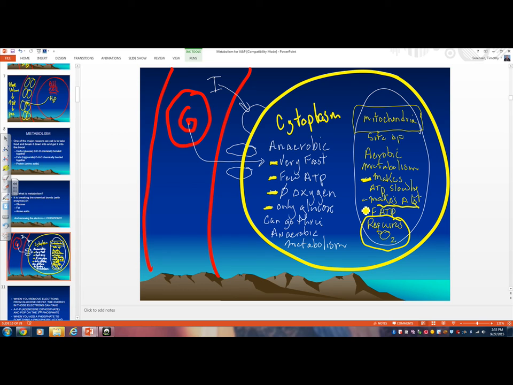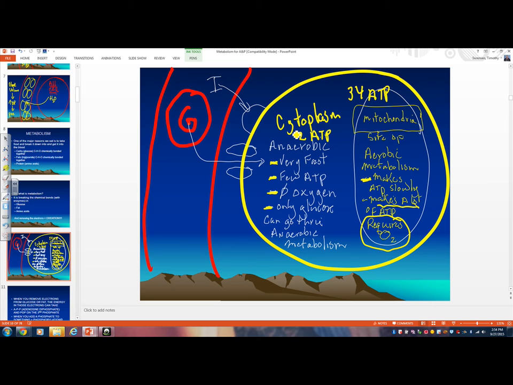Compare: you make 2 ATP in anaerobic metabolism and 34 ATP in aerobic.